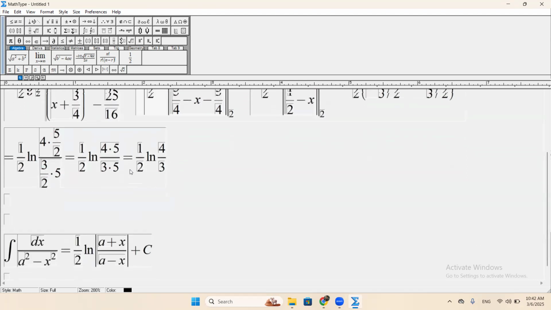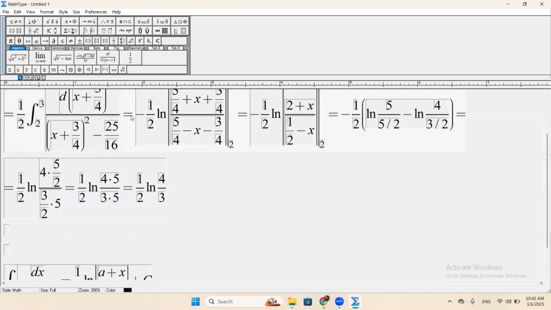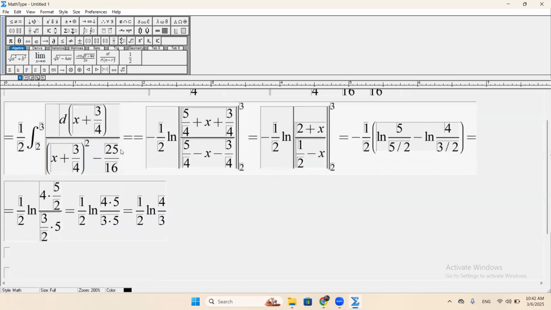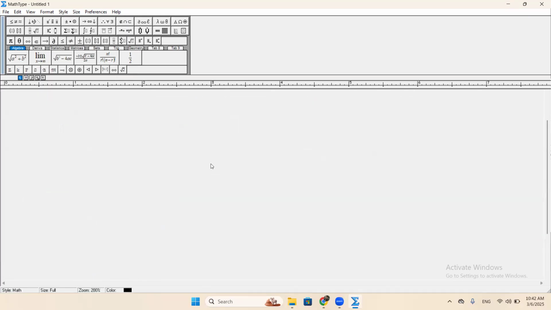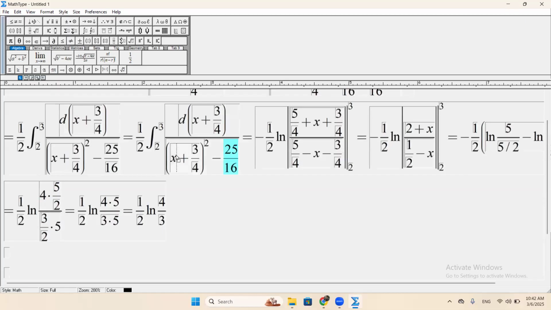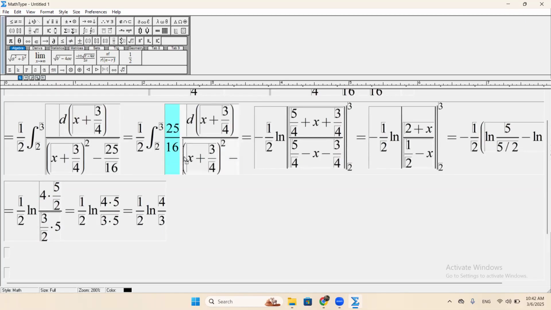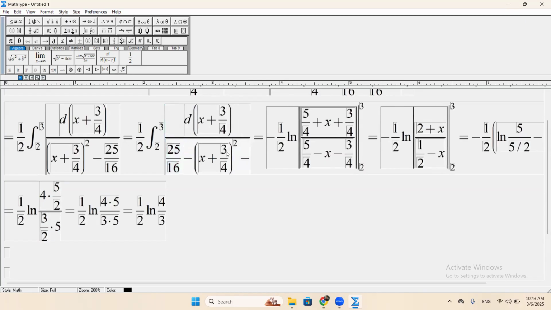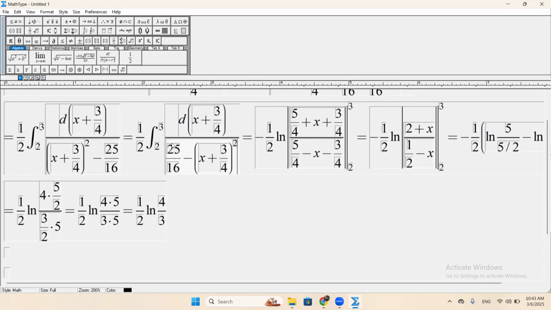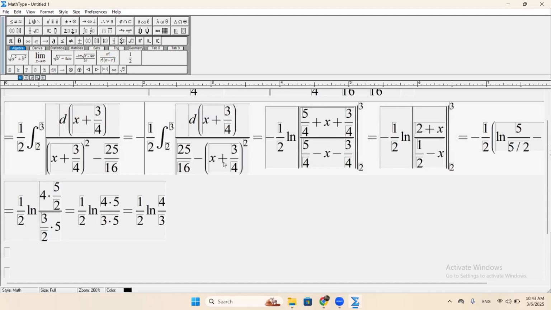Answering your question: I skipped this step, but let me write it. I just changed the order in this difference, so I multiplied the denominator by minus 1, and that's where the minus appeared.